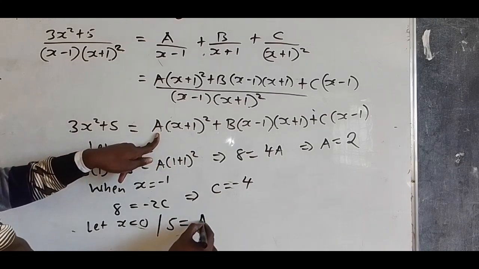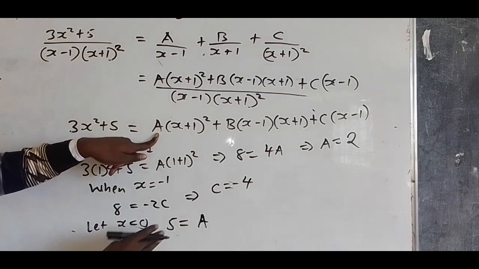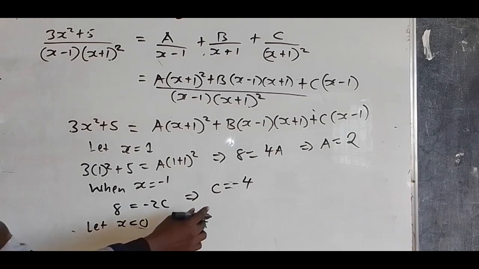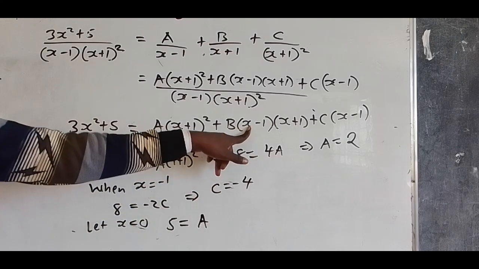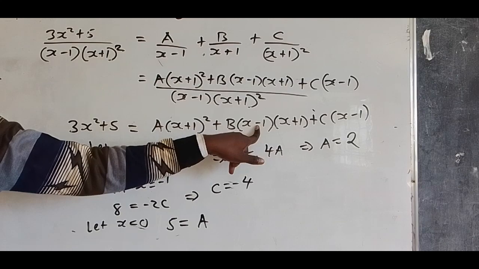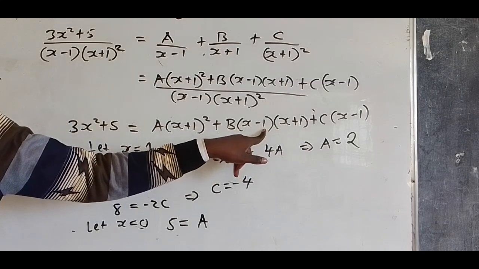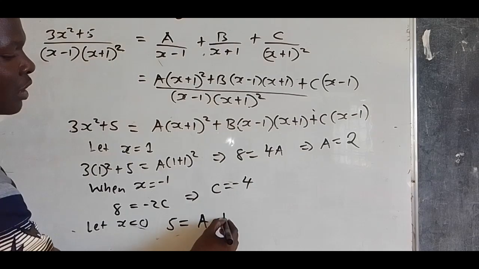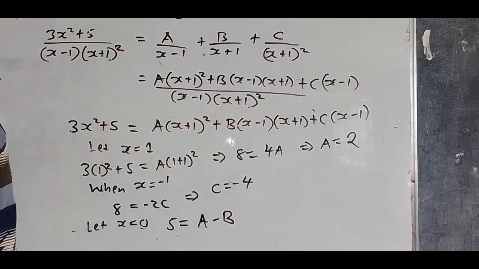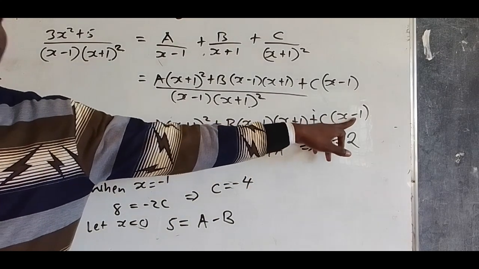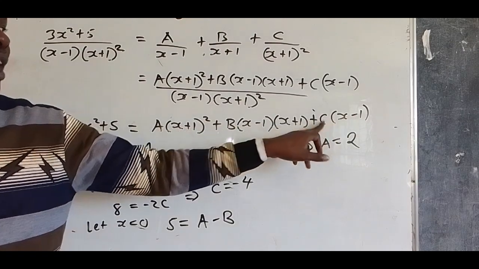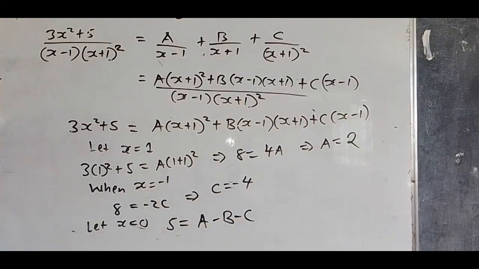Here you remain with a. 5 is equal to a, go on, here is 0, so this is now negative 1, here is 0, so this is 1, so 1 times negative 1 is negative 1, negative 1 times b, so it is minus b. Then you go on, x is 0, so you remain with negative 1, negative 1 times c, minus c.